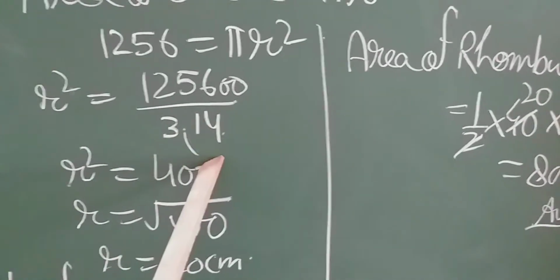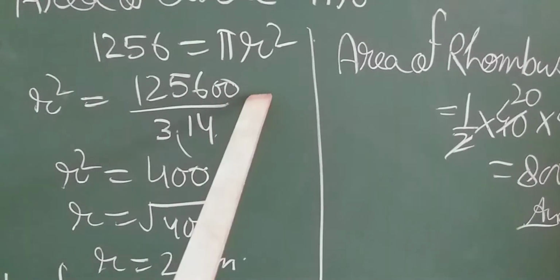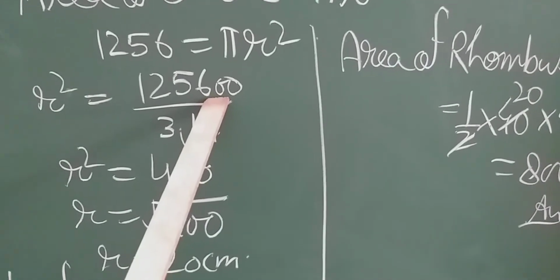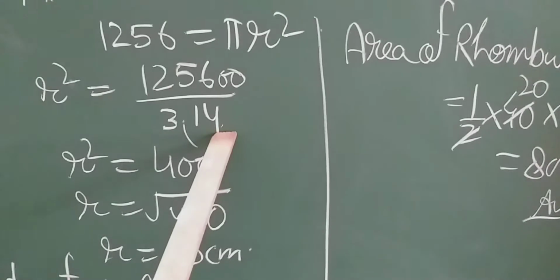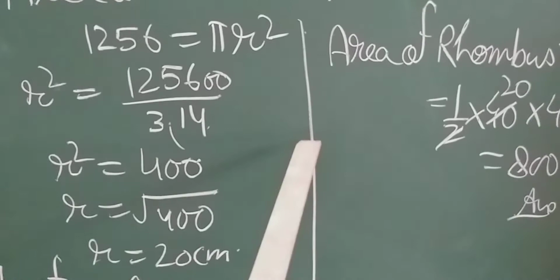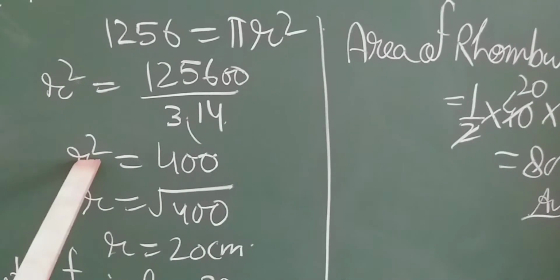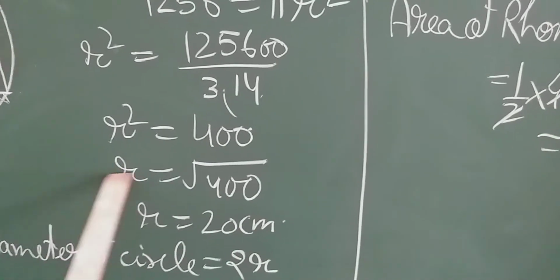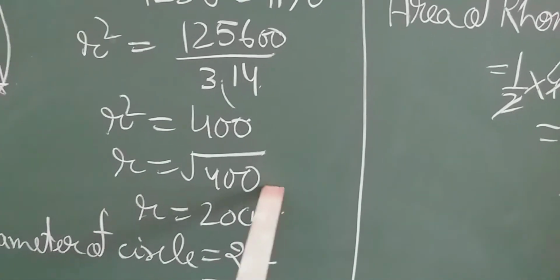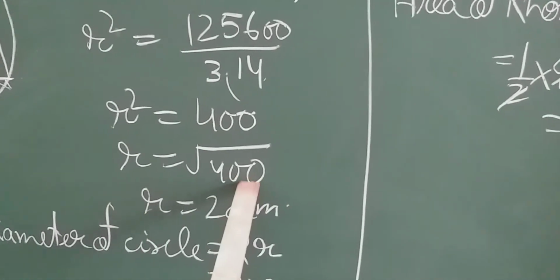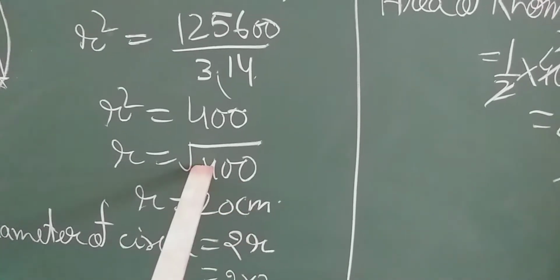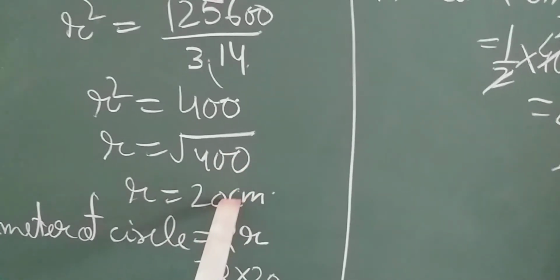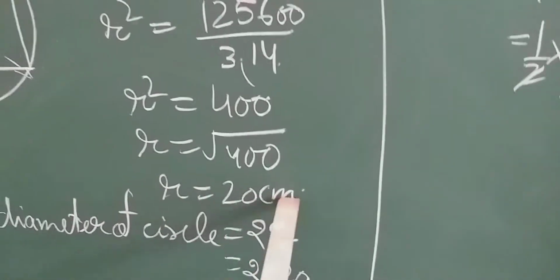When we remove the decimal, we put 100 in the numerator, so 314, 4 times is 1256. So R square equals 400. R equals root 400, which is 20. So radius equals 20 centimeter.